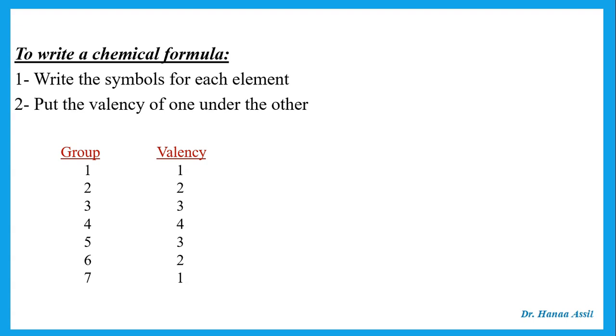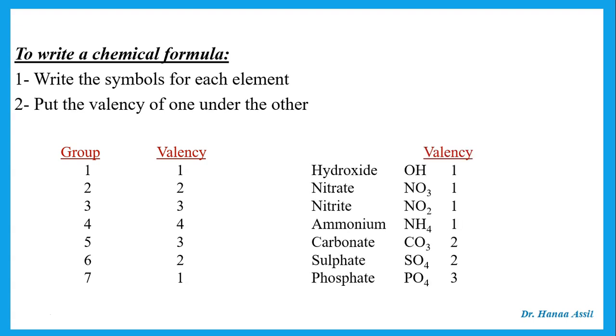It needs to gain 3, so its valency is 3. Anything in group 6 needs to gain 2 electrons. The valency is 2. Anything in group 7 needs to gain 1 electron to have a full outer shell, so its valency is 1.